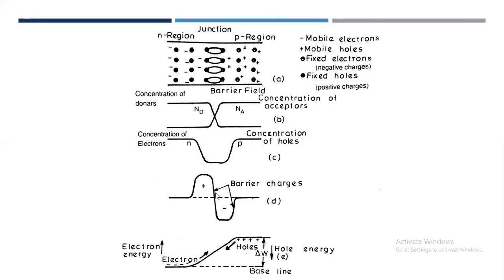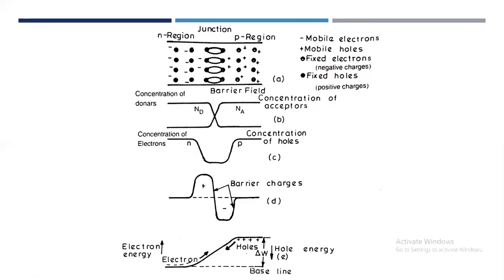In figure C, suppose that no voltage or electric field is applied across the PN junction. Then the concentration of electrons in the N region is very high, and in the P region the concentration of holes is very high. At the junction, both concentrations are very negligible.